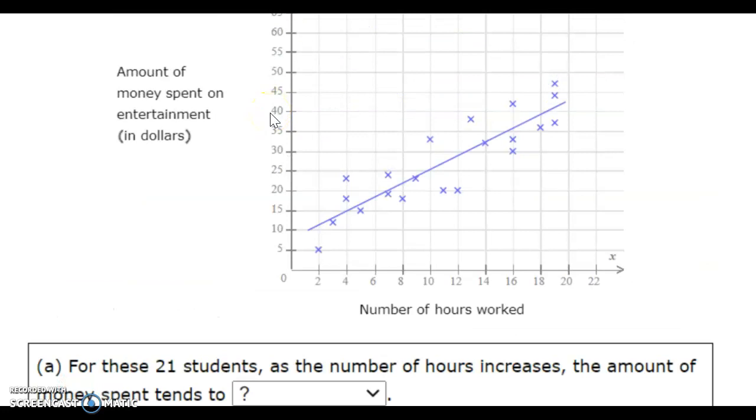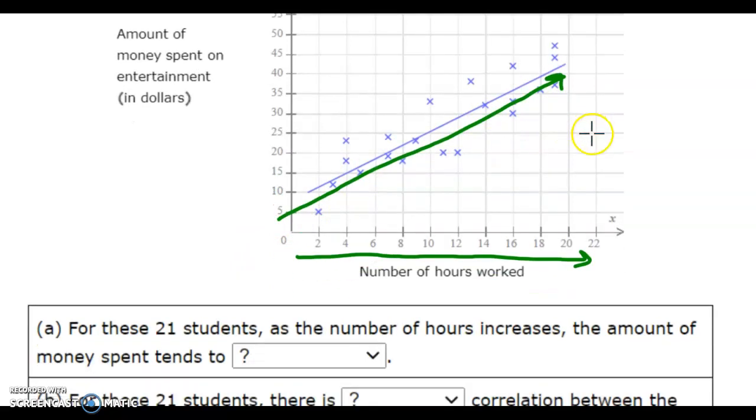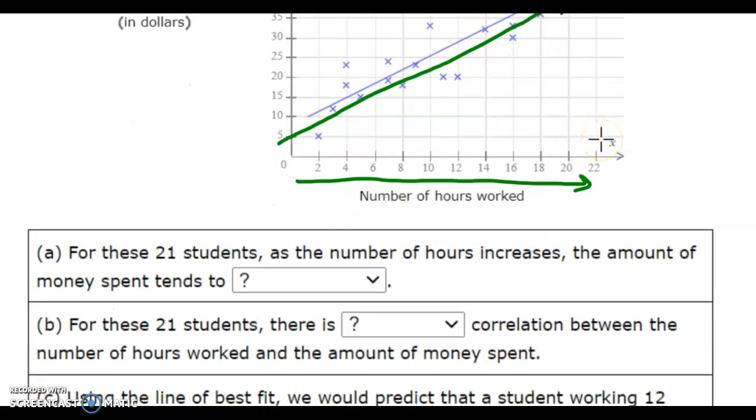Well, as the number of hours goes up from left to right, is our line going up or down? Are those points going up or down? It is increasing as you go left to right. So the answer to that first question: as the hours worked increases, the money spent increases.